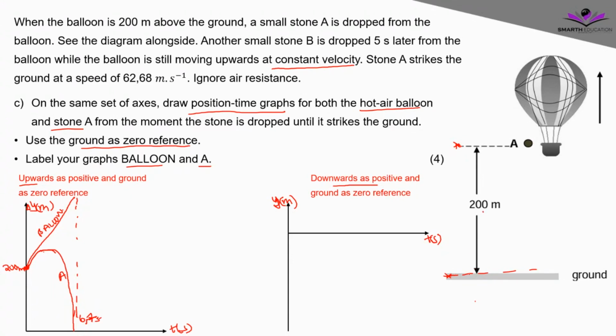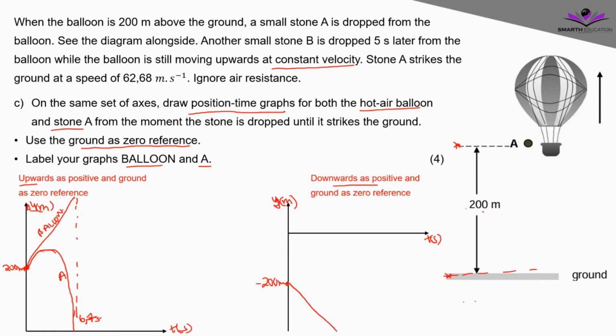And if we take upwards as positive, displacement above the reference point is positive and displacement below the reference point is negative. Please take note of that. So here, our displacement is above the reference point and we're taking downwards as positive, so it's going to be negative. So that's negative 200 meters.